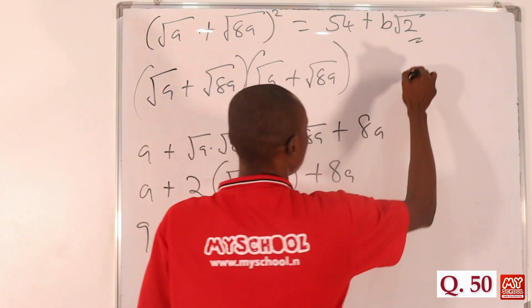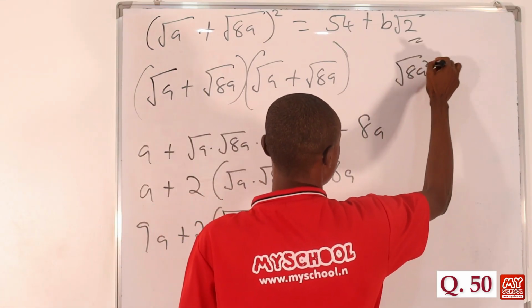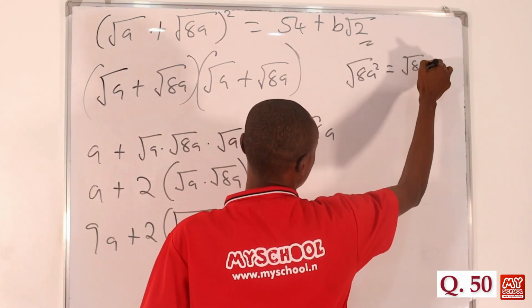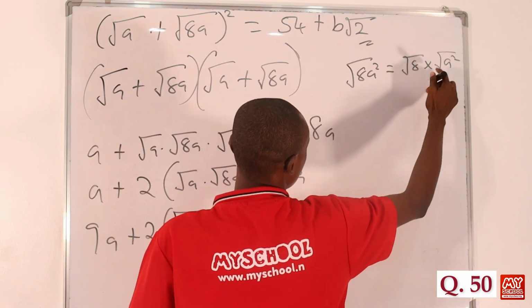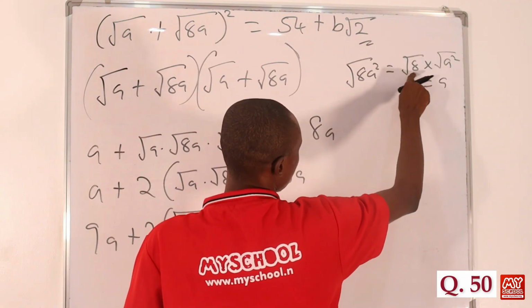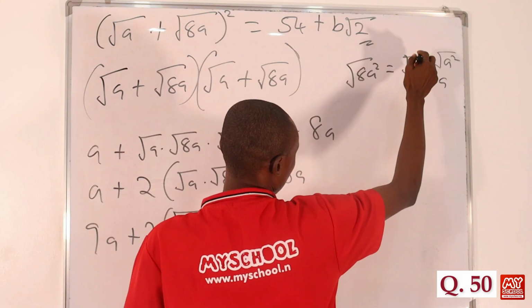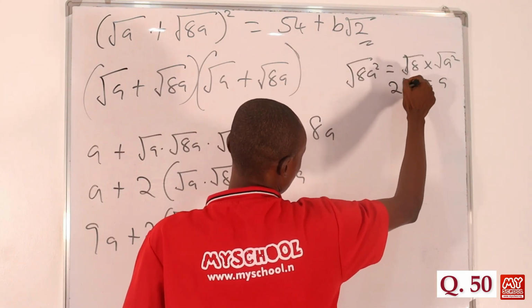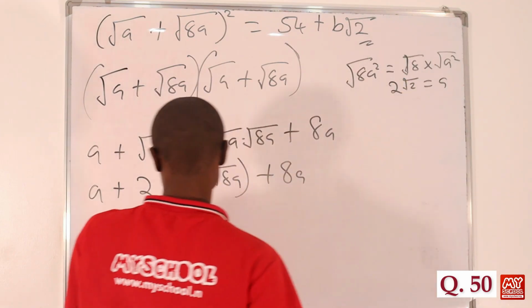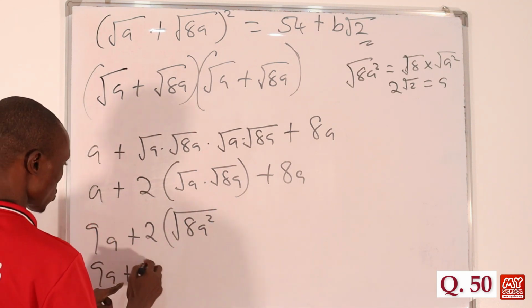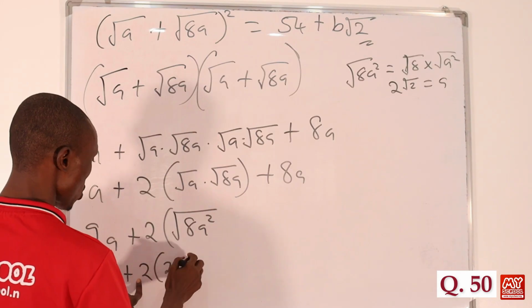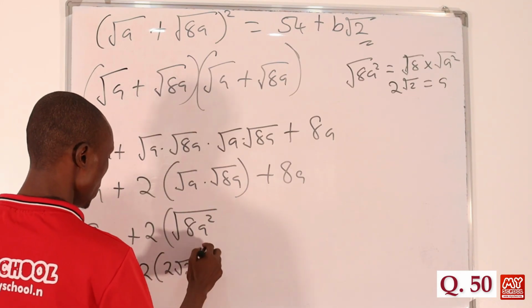But remember that this is the same thing as root 8 times root a squared, so root a squared will be equal to a. We can solve it in short form to give us 2 root 2. So here we're having 9a plus 2 in bracket, then we have 2 root 2, then a, right?